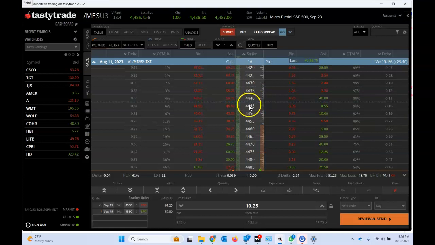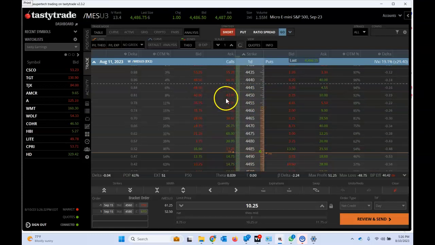So why am I showing you all of this? To say that we can use very minimal capital right here, and if we get a directional move with the bias to the downside, in this case, we can capture over a fourth of maximum profit per contract.